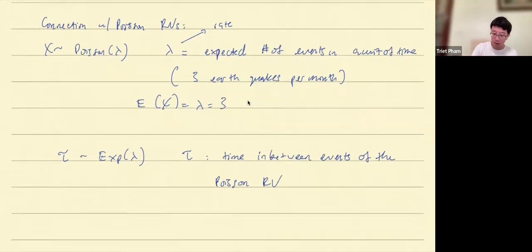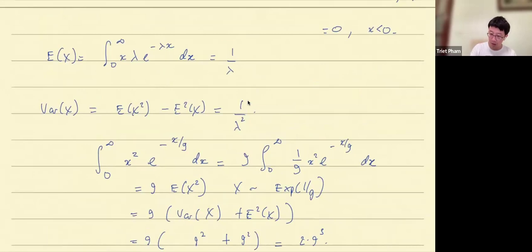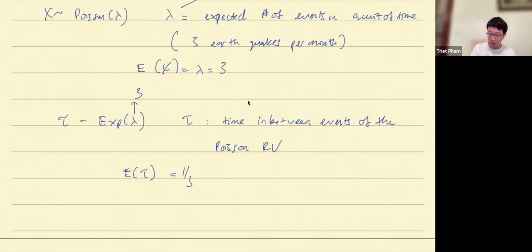I just want to show you the consistency of the calculation. What's the expectation of tau? If this is lambda, this lambda is still 3, because it's the rate of arrival. Then the expectation of tau is 1/3, according to the 1/λ definition. Now, does this make sense?